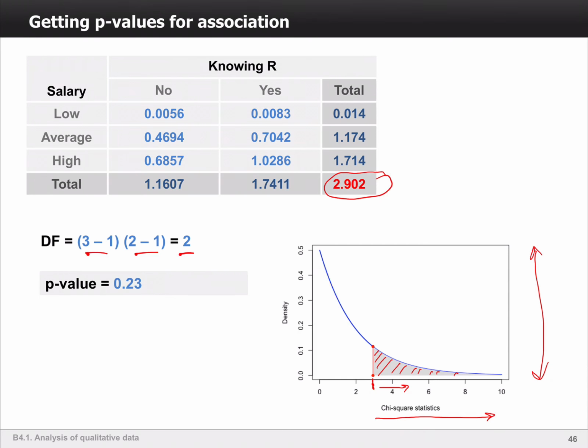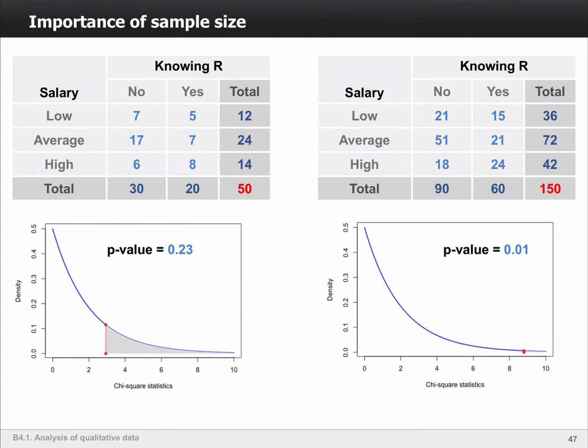However, if you take a bigger sample size, for example, in this case, you can see this is the same sample size as we have. And in this case, I got a sample size of 150, and I kept all the proportions, all the combinations. For example, you can see if this is 7, this is 21, so it's just 3 times bigger. If this is 5, this is 15, so 3 times bigger.